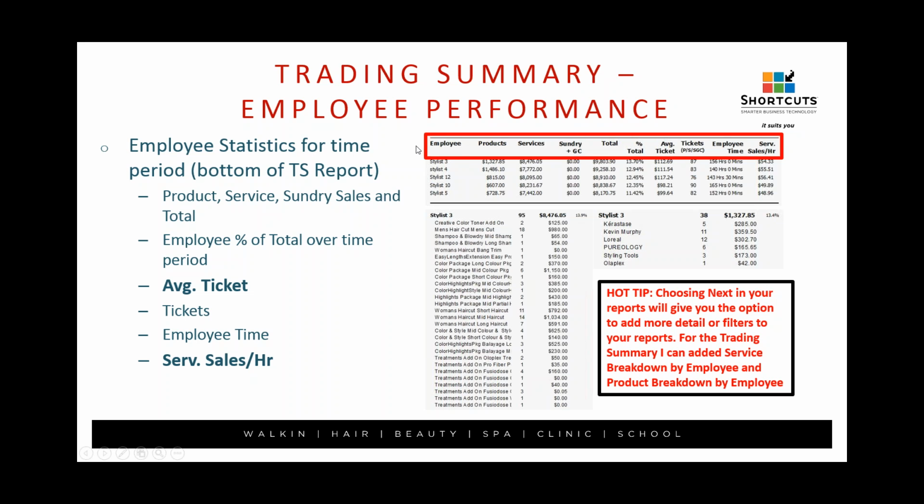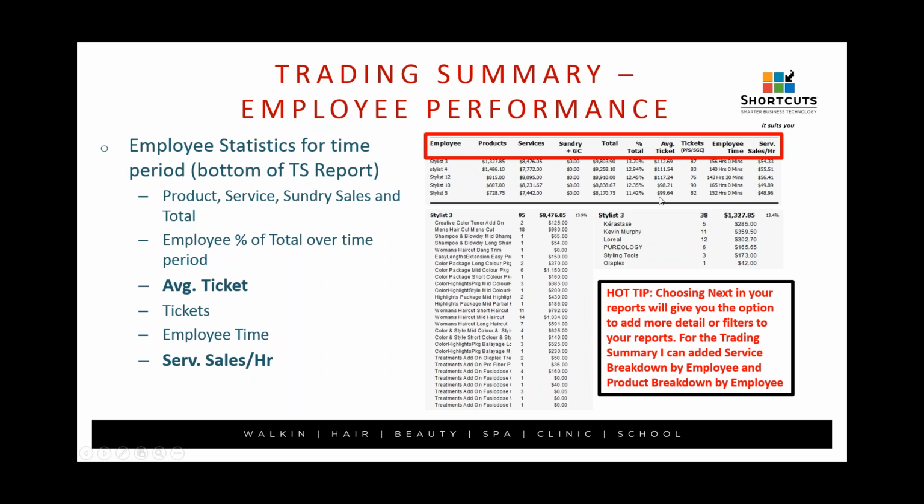It will show us, per employee, product, service, and sundry sales, as well as a total. It'll show that employee's percentage of the total over the time period the trading summary was run for. It'll also show us average ticket. When we're talking about efficiency, that's a really good thing to look at. What is their average ticket?